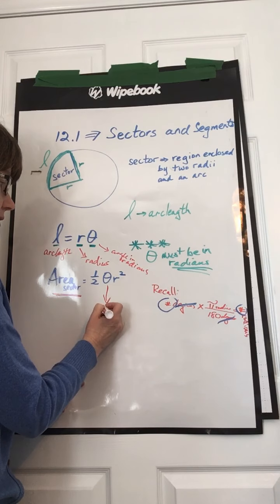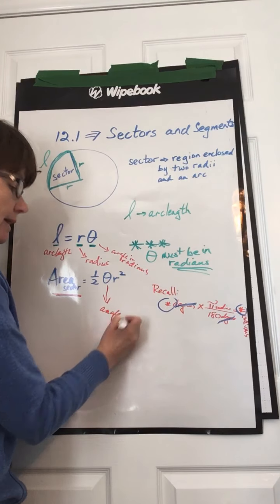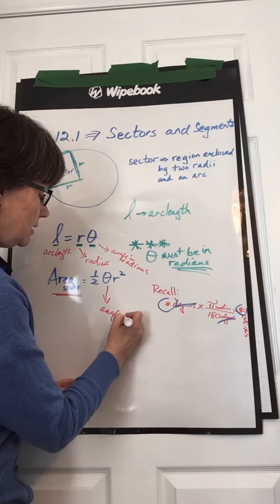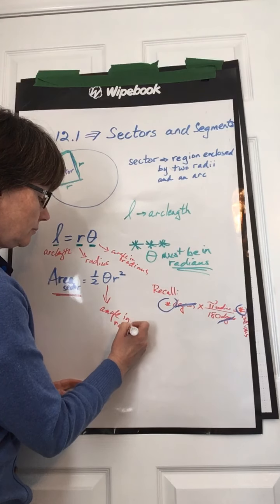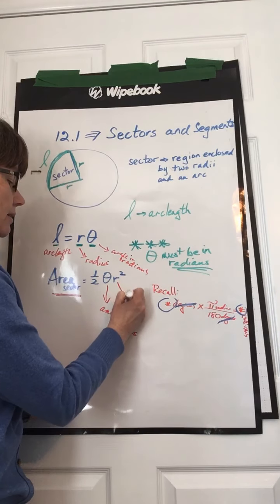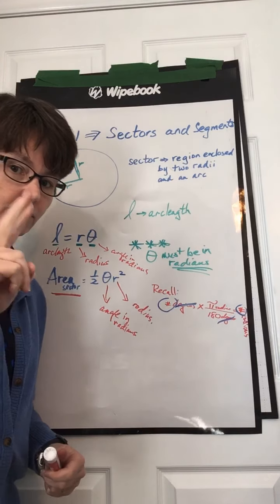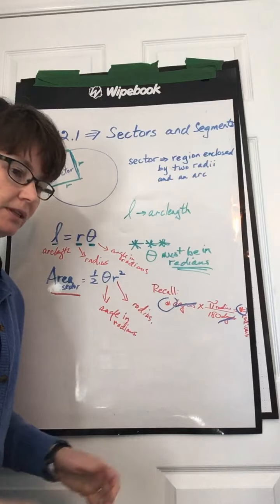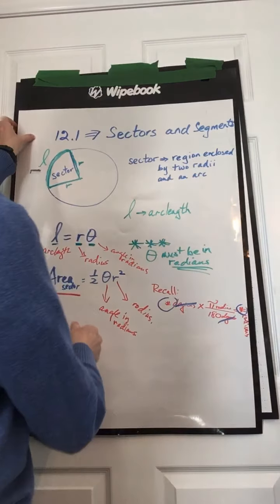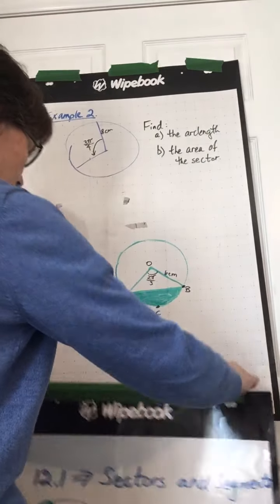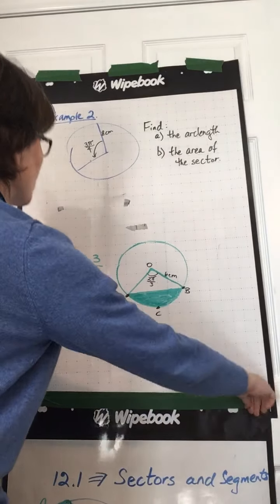And again, theta here is the angle, and it must be in radians. And here, r is still the radius as well. So those are the two formulas that you need to know for this little section. All right, let's look at the two examples in our textbook.